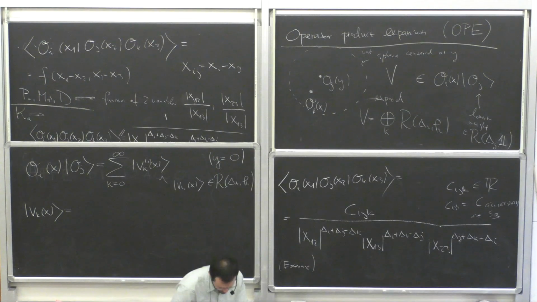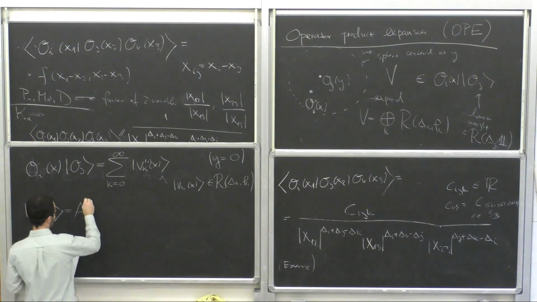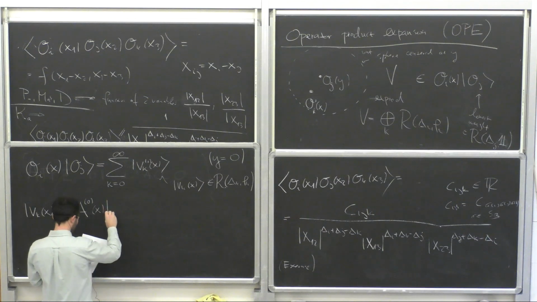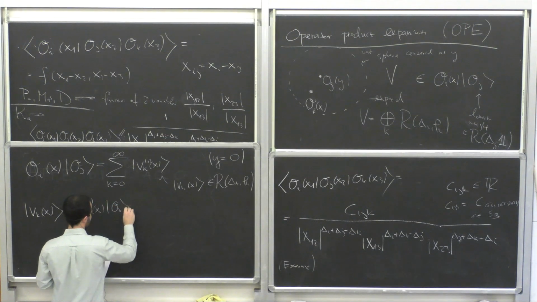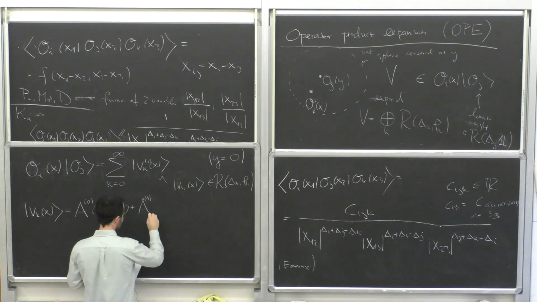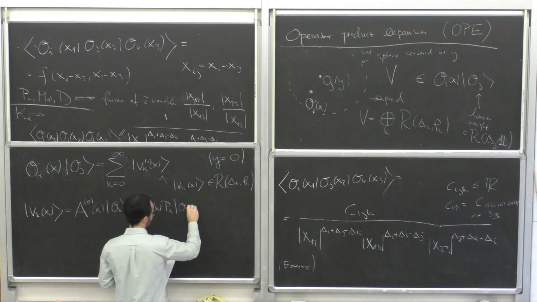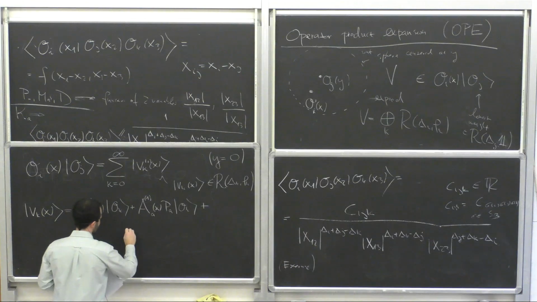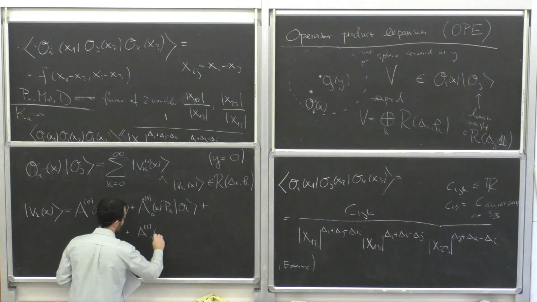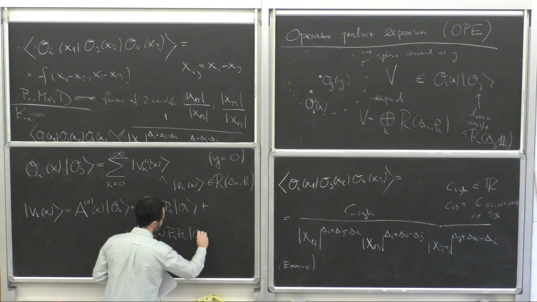And so we have some contribution from the primary, which is some function times the primary. Then some contribution of the first descendants acting on the primary. Let me write the next term as well, at level 2, a function of X times P_a P_b.